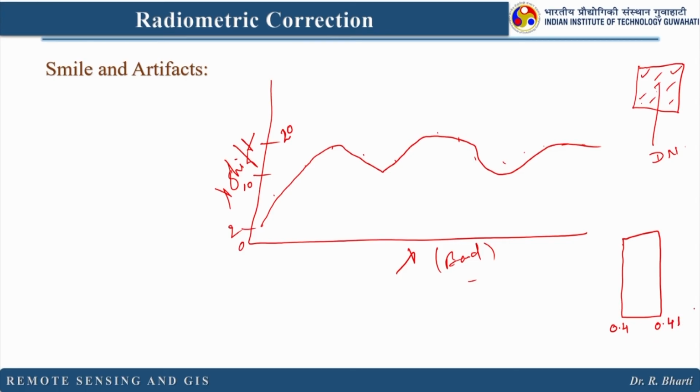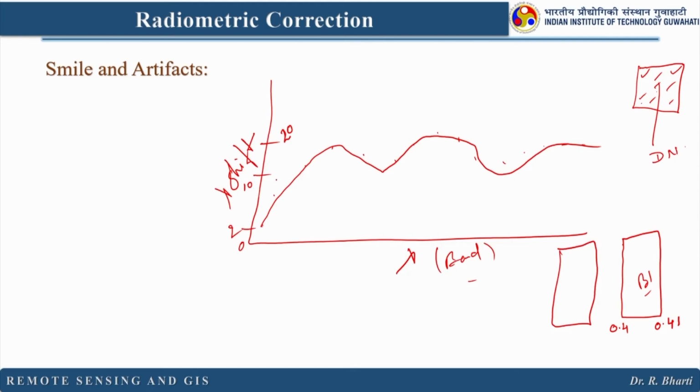So there is a gap of 0.01 micrometer. Let us assume that because of this error, the recorded DN number which was supposed to be in this band 1, because of this wavelength shift, got recorded in some other band. Why?